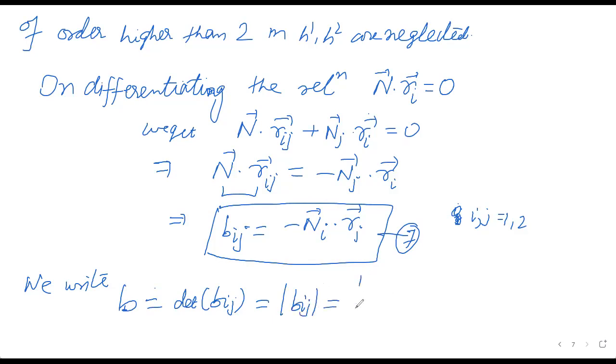It will be the determinant of b11 b12, b21 b22, or you can say b11 b22 minus b12 square. Is it clear? This is the determinant of b.